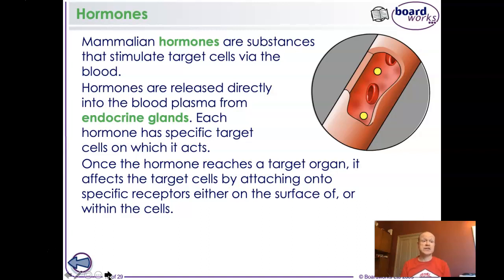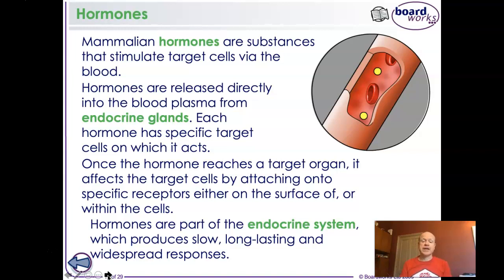Remember we thought about cell surface membranes, what's on the surface of those cell surface membranes? We have glycoproteins and glycolipids, which were receptors. These are the receptors we are thinking about, the things that can actually attach and detect a hormone, and then the hormone produces a response. We'll look at the actual response as part of this as we go into 5.1.4.